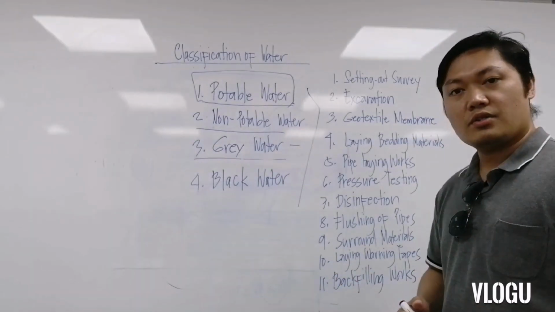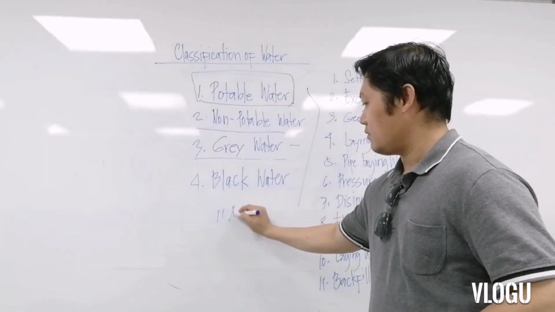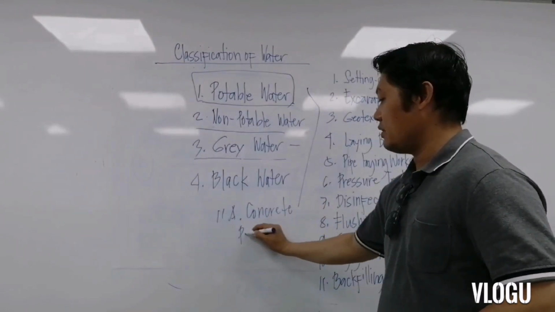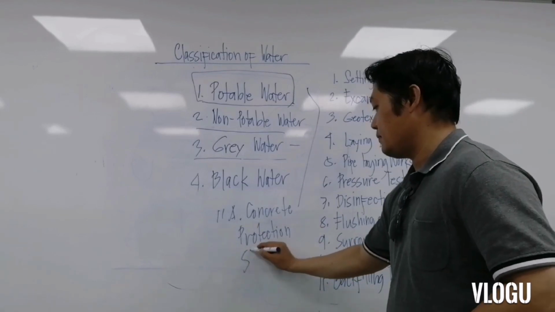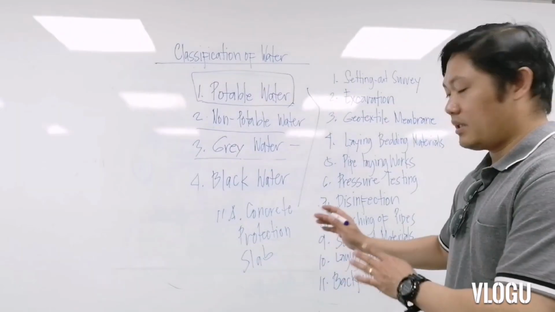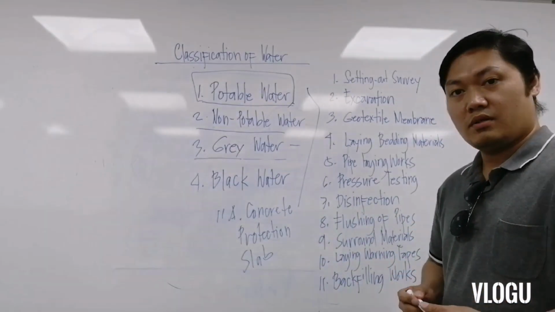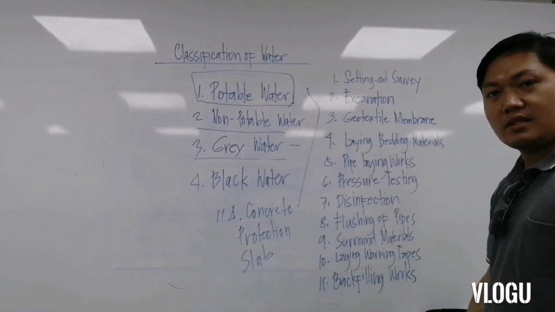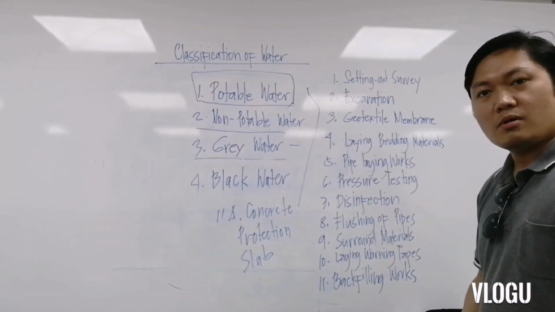If the area is shallow, you have to establish the concrete protection slab, because you have to ensure that when traffic occurs in the future, the pipe will not get damaged, so it is protected. These are the activities which you are going to execute on site with respect to pipe laying works.